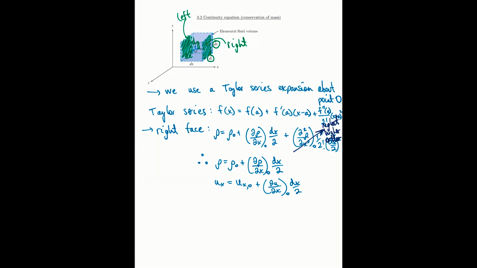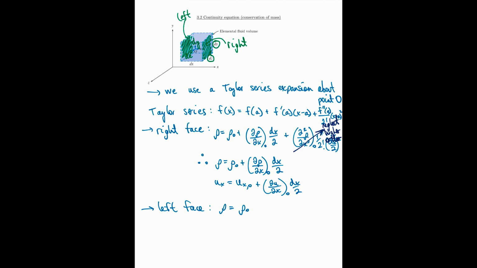Alrighty, left face, of course, you knew that was coming next, and hopefully you would just be able to write this out yourself now, knowing we follow the same procedure. It's just that x minus a means the location that we're at minus the location we were at. So in the previous case, we moved positive dx over 2, but now the location we're at is to the left of point O, so we end up with negative dx over 2.